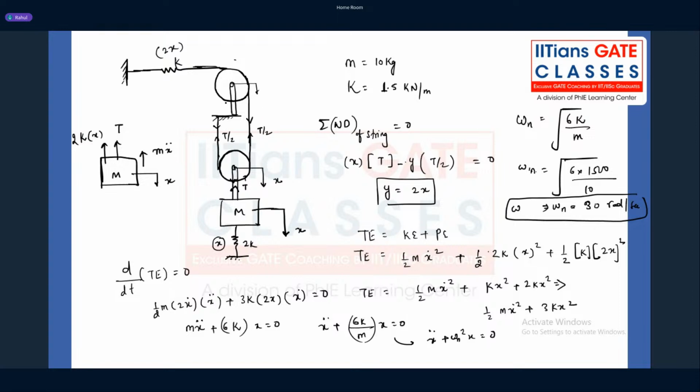And for the other horizontal spring, what can you write further, guys, in the form of stiffness? If you take T equal to T1, then what can you write for the horizontal spring stiffness?